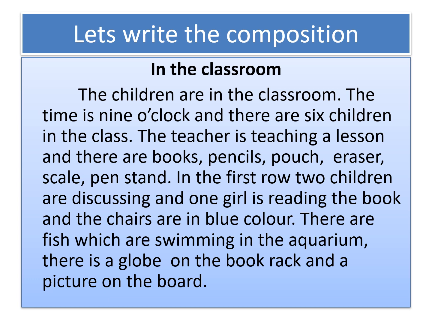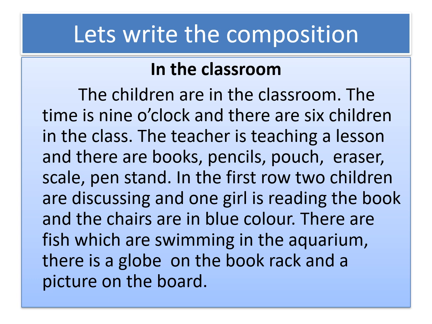The picture composition. The children are in the classroom. The time is 9 o'clock and there are 6 children in the class. The teacher is teaching a lesson and there are books, pencils, pouches, erasers, scale, pen stands, etc. In the first row, 2 children are discussing and one girl is reading the book.